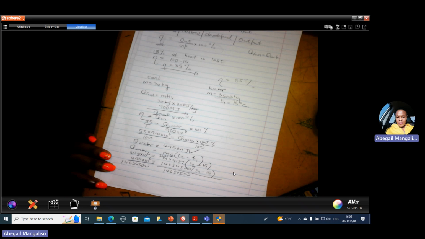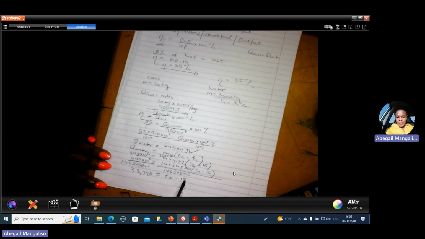And when we divide it by 10 to the power 6, it will be 33.778, equal to, you are only left with what is inside the bracket, which is T2 minus 15.